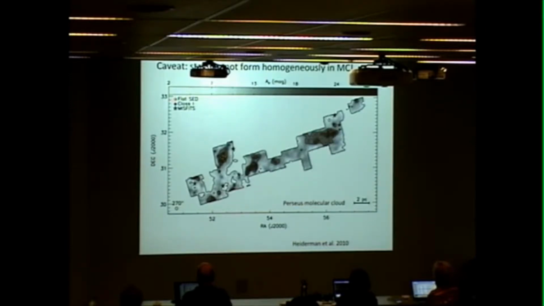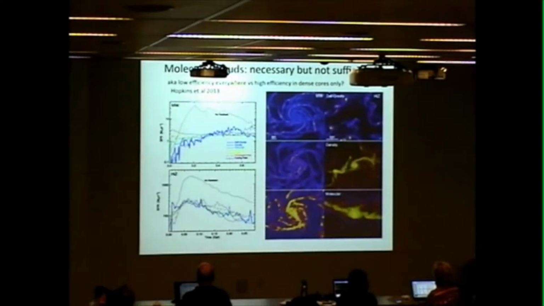What you should look at is the yellow and red objects, which are stars which have not yet migrated outside of the regions where they were formed. When you see that they cluster nicely, they don't form all across the cloud. In other words, I would claim that reaching average densities of molecular cloud is a necessary condition, but it's not sufficient.